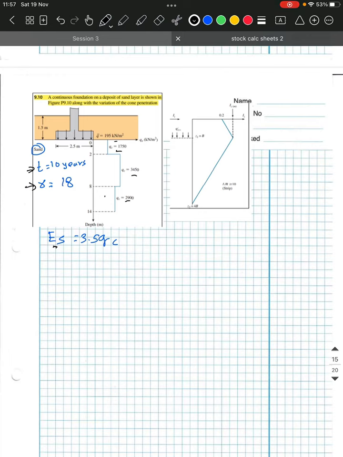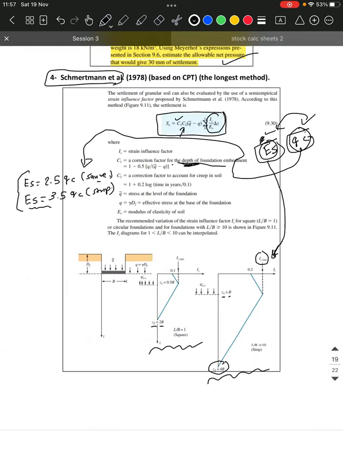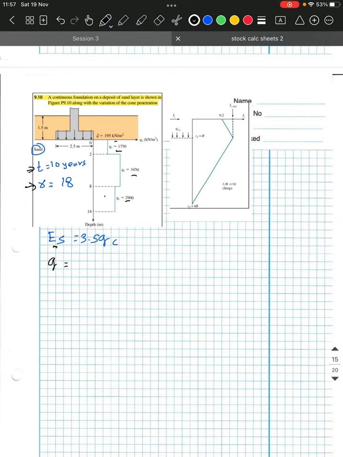To get things out of the way, I'm going to calculate q, which equals gamma times the depth of foundation. In our question, the depth of foundation is 1.5, so it's 18 times 1.5, which equals 27 kilonewton per meter squared.